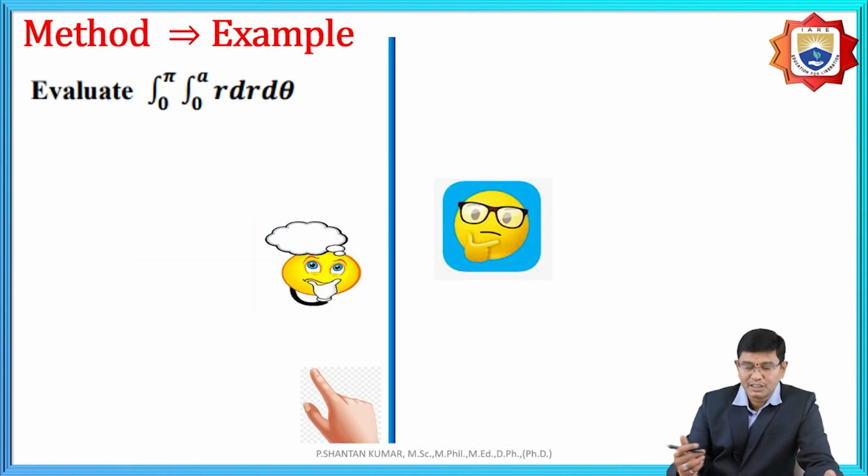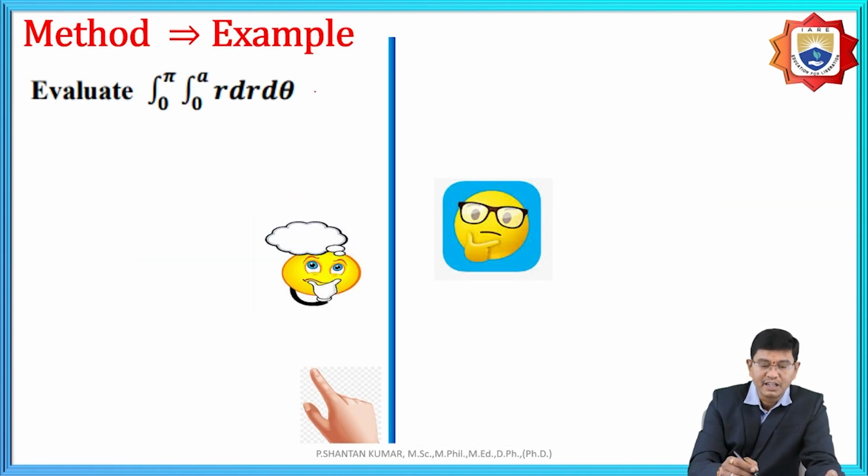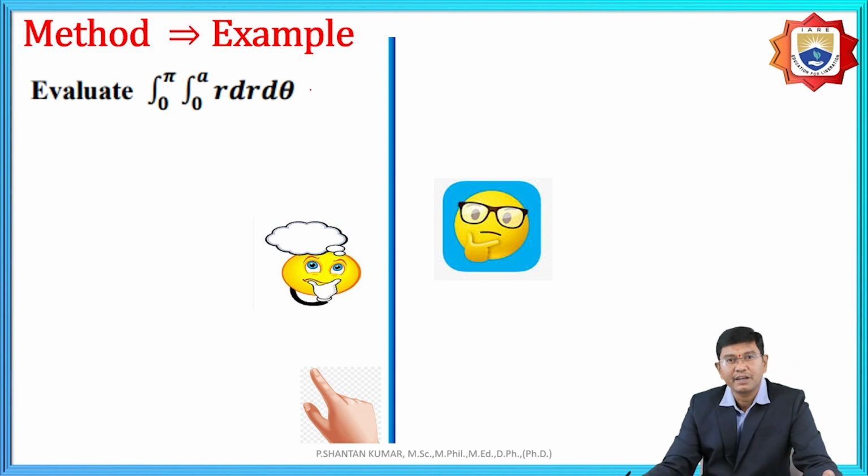For example, the problem is to evaluate the integral from 0 to pi and 0 to a of r dr d theta. Here the given limits are in terms of r and theta, that means dr into d theta. Here the r limits and the theta limits are required.